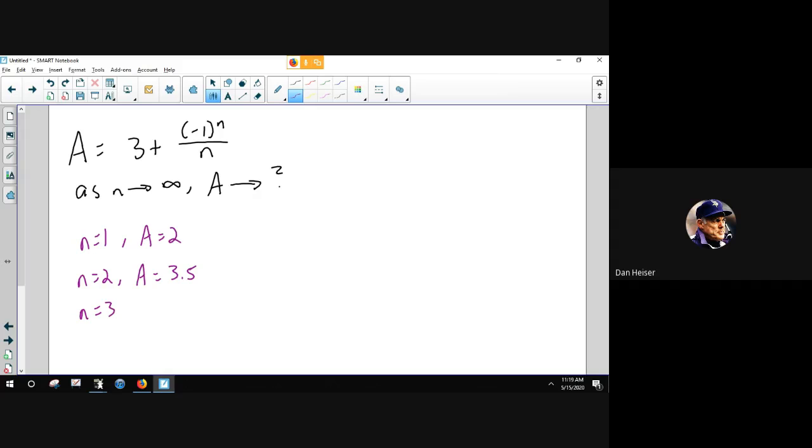We'll use the decimal here so we can see where things are going a little quicker. n equals 3. -1 cubed is -1, divided by 3 is -1/3. 3 plus -1/3 is 2.6 repeating.